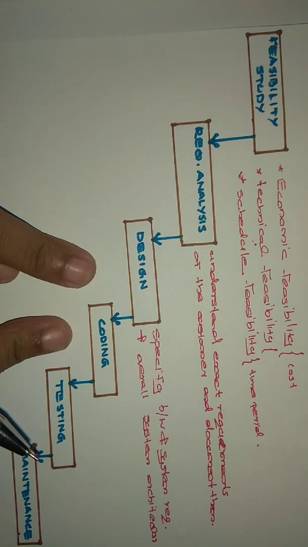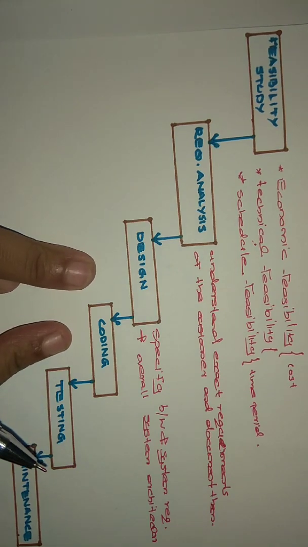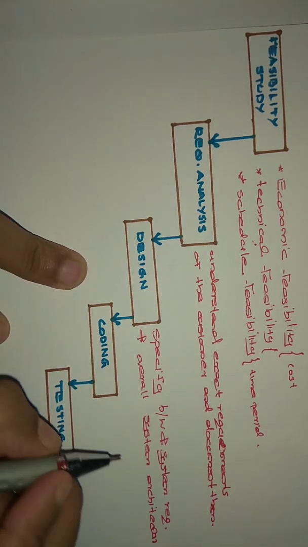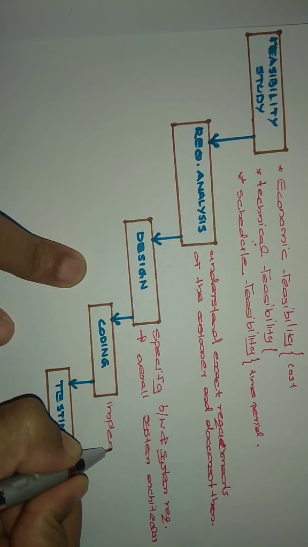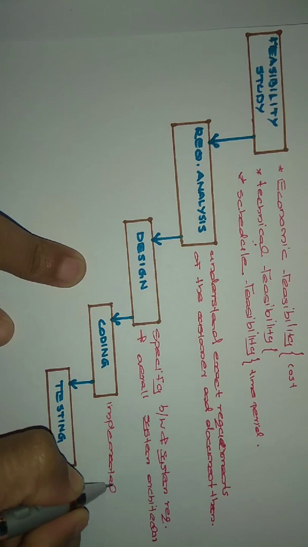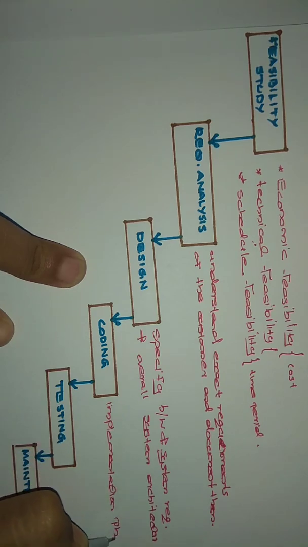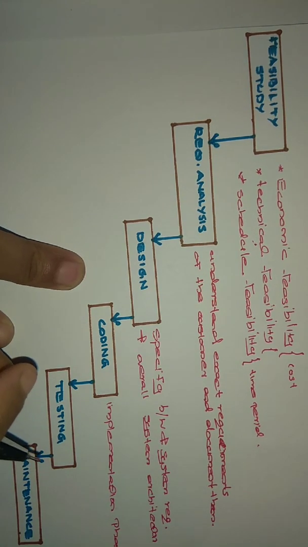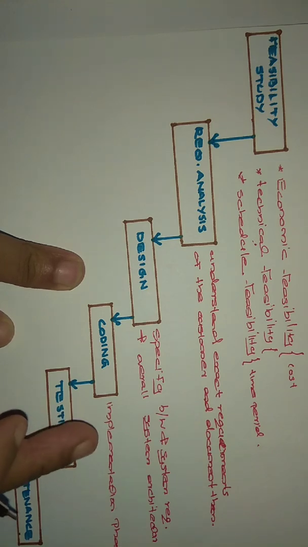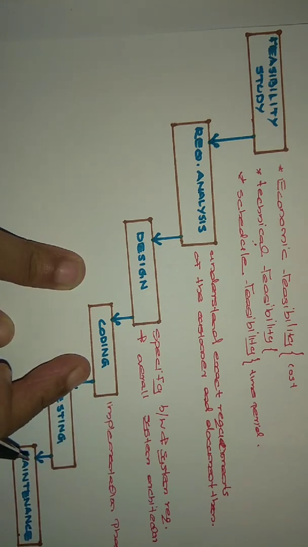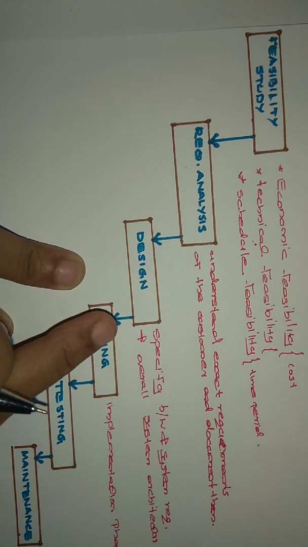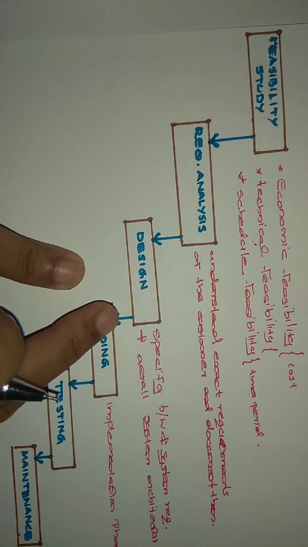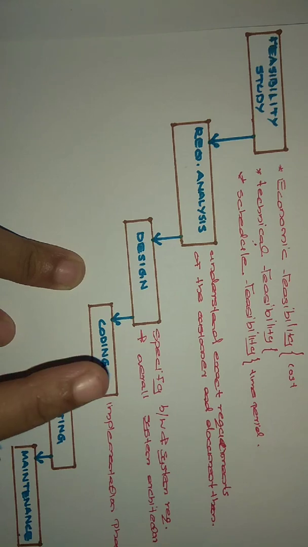Next comes the coding phase. This phase is also known as the implementation phase. In this phase the problem is implemented by coding the design part, such that the design is translated into machine readable form.